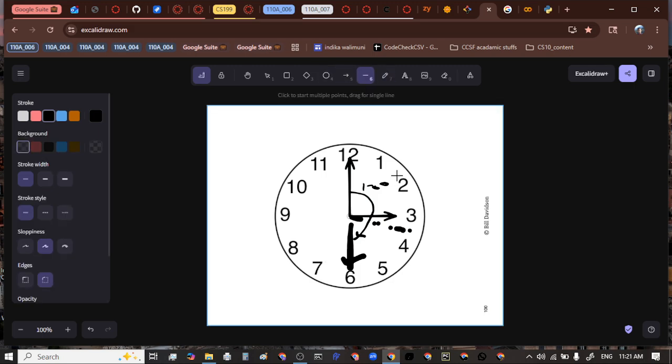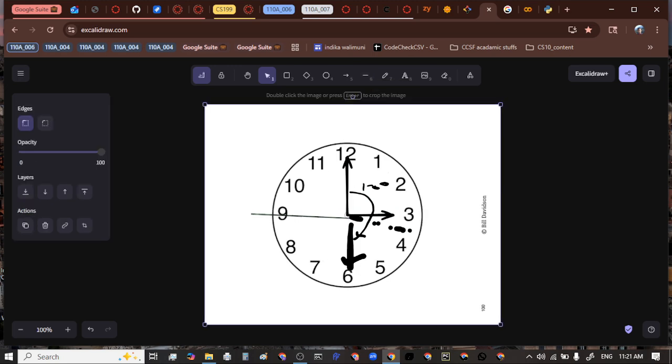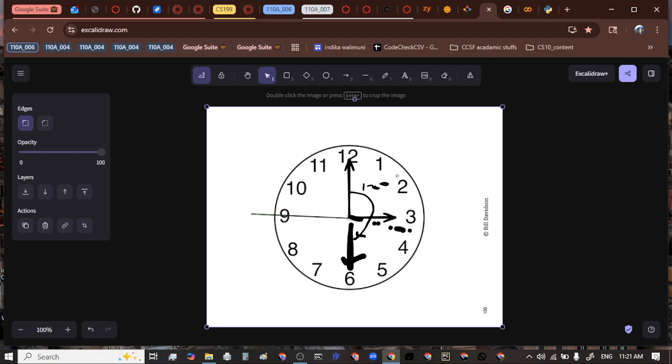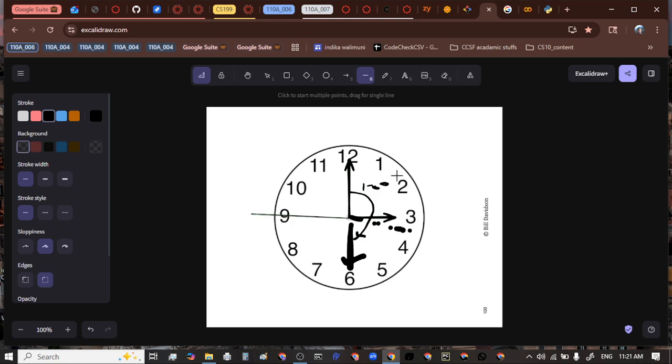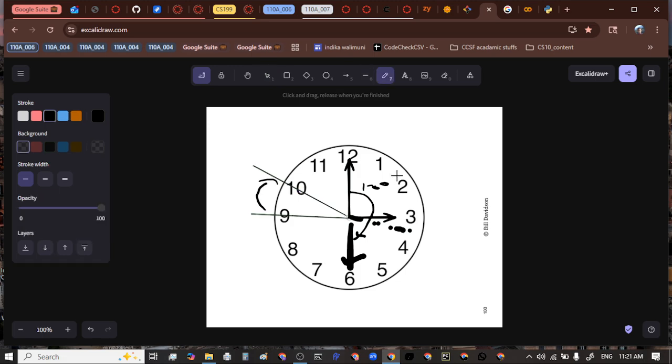Okay, so I'm gonna connect 9, and then also connect 10 as well. Okay, what is this angle? What is that angle? Angle between two consecutive hours.